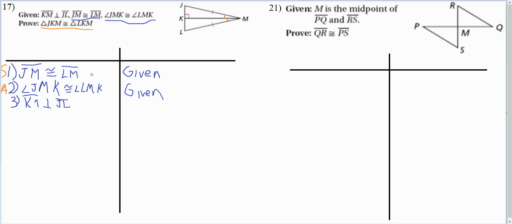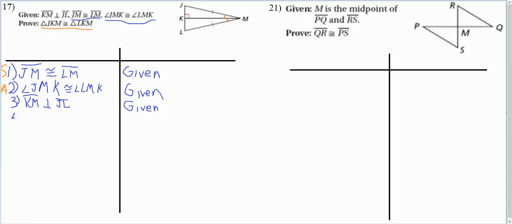So KM perpendicular to JL. So what that requires me to do is think about, well, what does perpendicular mean? And after many, many times of talking about perpendicular, we know that perpendicular intersects to form a right angle, which just so happens to be exactly what they marked inside of the picture.